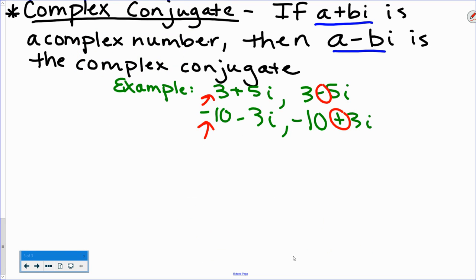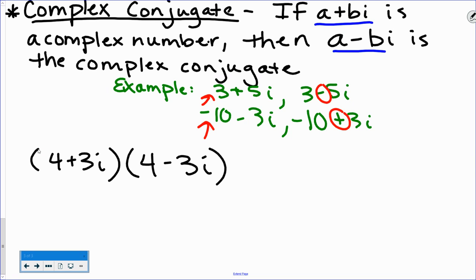The reason why conjugates are important is if we find the product of a complex number and its conjugate. So if I take 4 plus 3i, for example, its conjugate would be 4 minus 3i. If you multiply that out, neat things will happen.